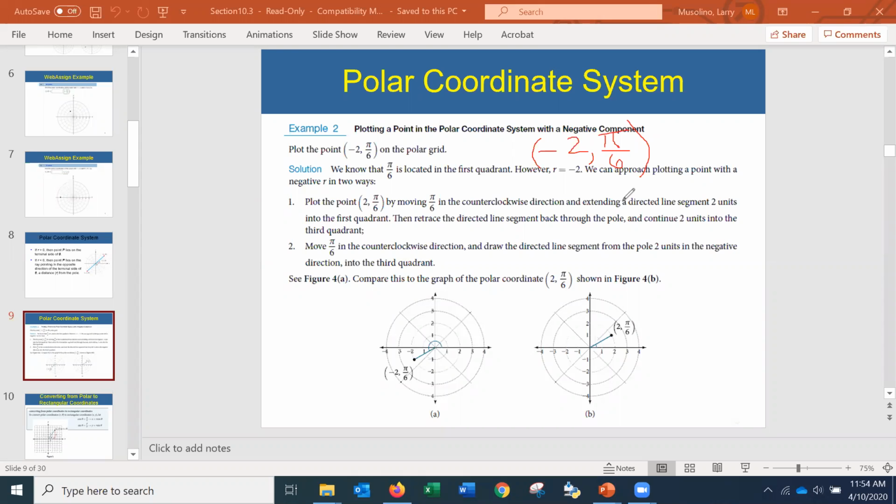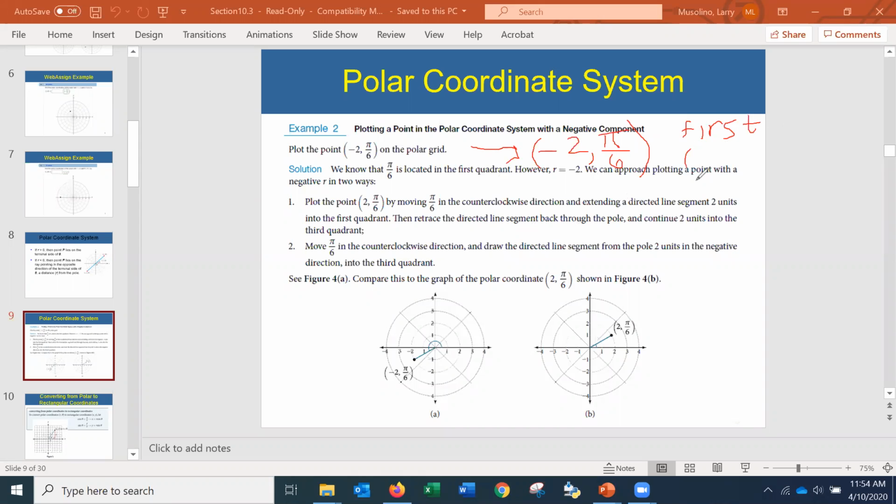If I told you to walk 2 miles east, the opposite of that would be walk 2 miles west. If I told you walk 5 miles north, the opposite of that would be walk 5 miles south. So the way to plot a negative r on a grid is to do it this way. First, plot the positive r.